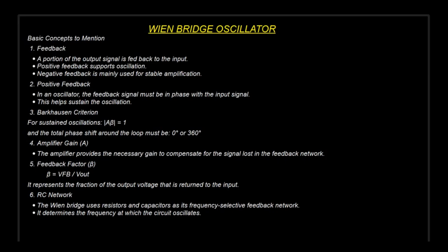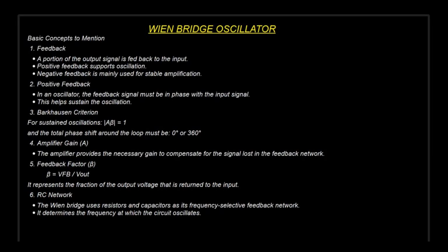Among different sinusoidal oscillators, the Wien Bridge oscillator is widely used because it can generate a low distortion sine wave with a simple RC network. So let's understand the basic working, derive the frequency of oscillation, and finally find the condition required for sustained oscillation.